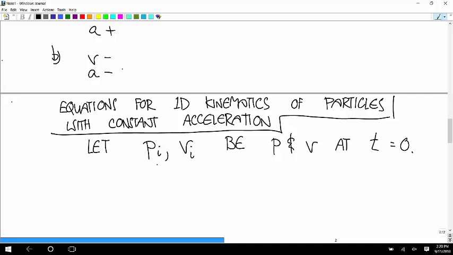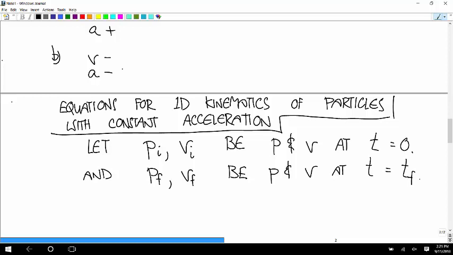So when PI and VI occur in these equations, it means those are the position and velocity at time equals 0. And PF and VF are the position and velocity at time TF.